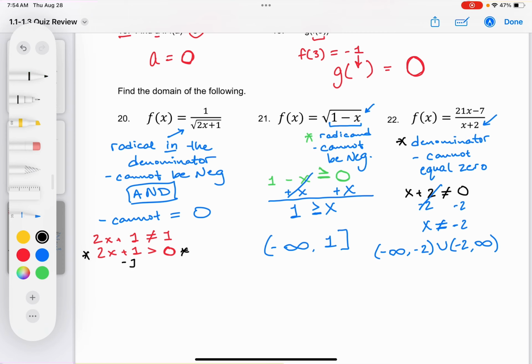We would subtract our 1 from both sides. We have 2x is greater than negative 1, and then we would divide by 2. And so x is greater than negative 1 over 2. You could write that as negative 1 over 2, not included, all the way up to infinity. And so that is how you find the domain of these red flag situations, radicals and denominators.